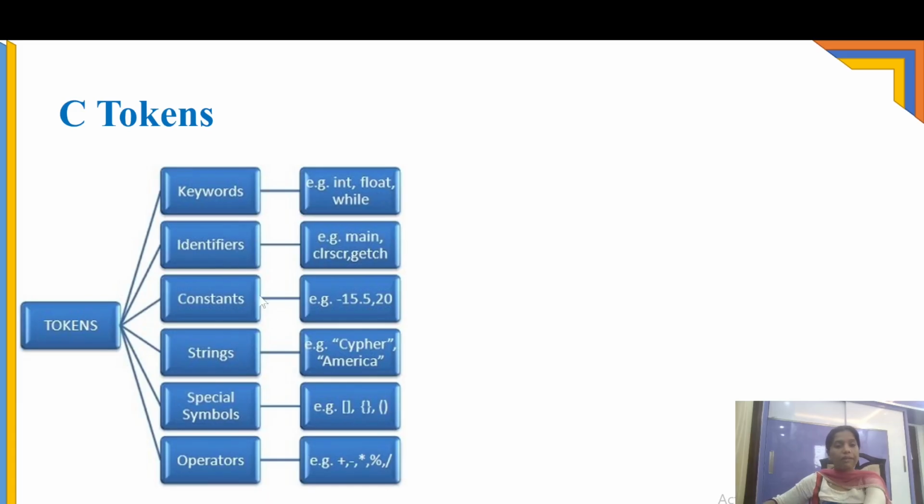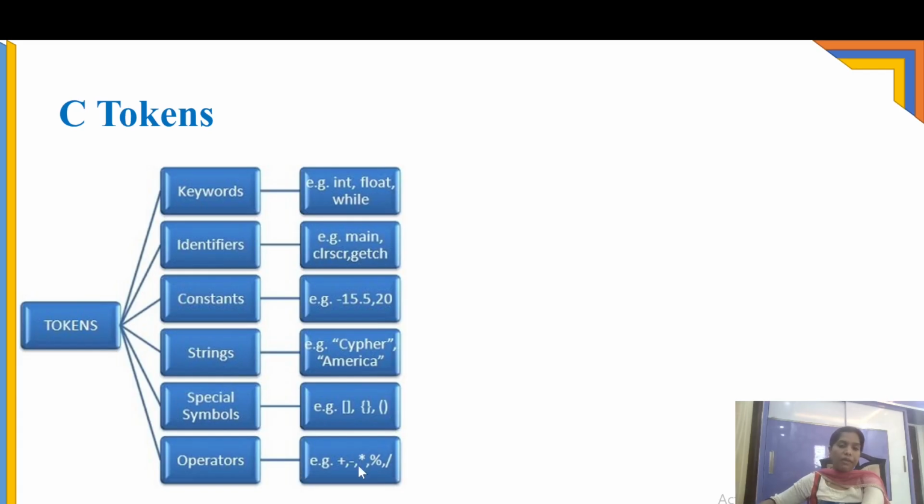Next we have constants. Constants means values, like 15, 15.5, 20. Strings. A string is a collection of characters, a combination of characters enclosed in double quotations. For example, see, cyber, America. Your name is also a string. Next, special symbols: underscore, at the rate, and flower braces. Everything comes under special symbols.